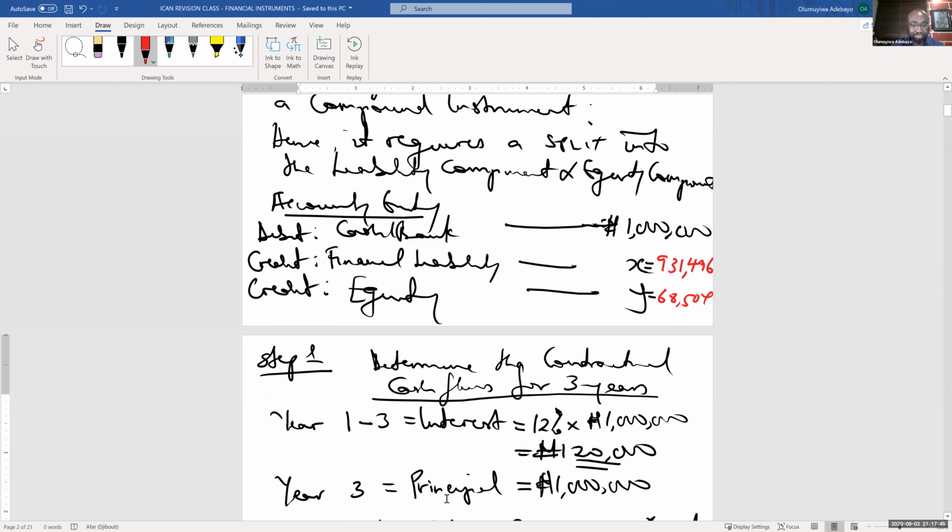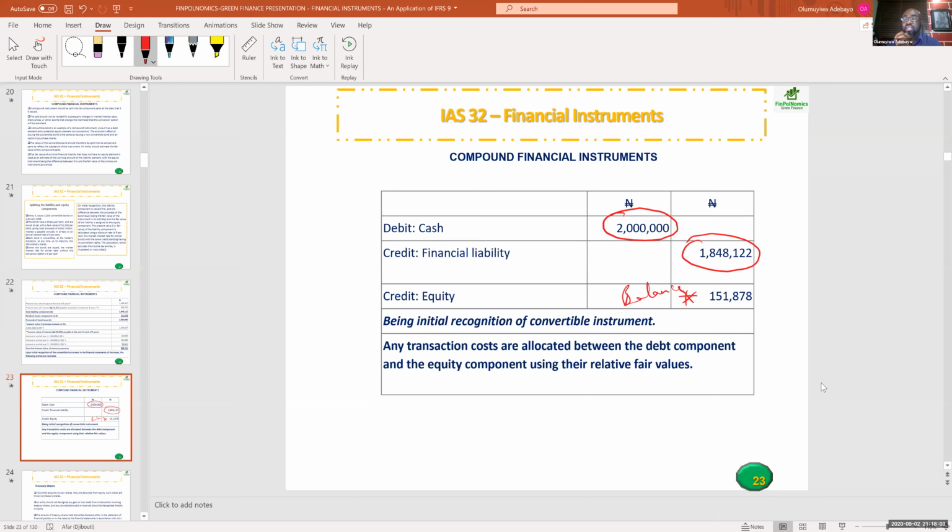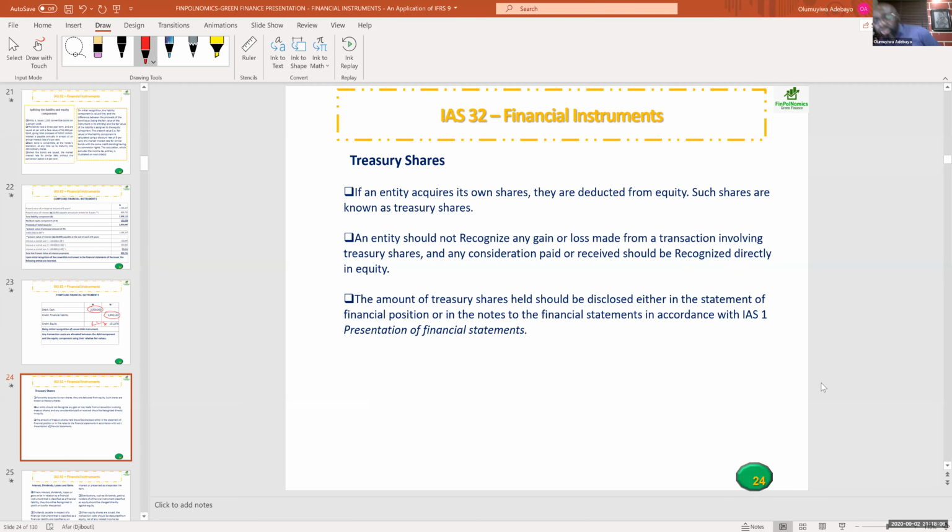Now let's move further on our discussion. Treasury shares. As we discussed on EPS, this is where we draw our conclusion from. Treasury shares are shares of a company that are purchased or repurchased by that company.